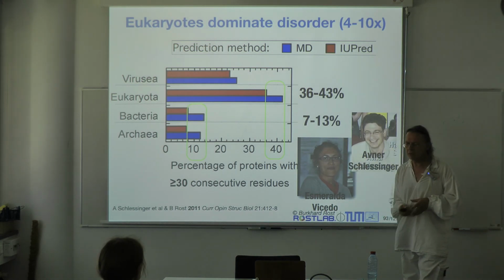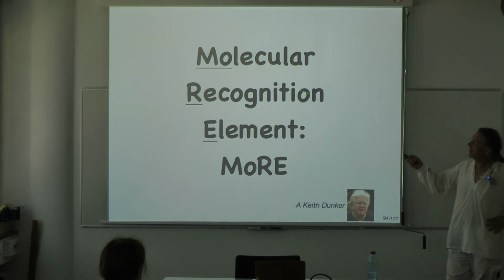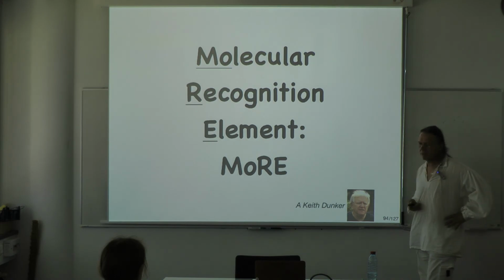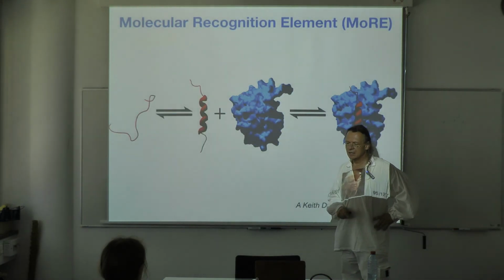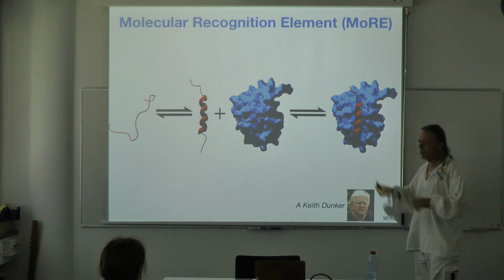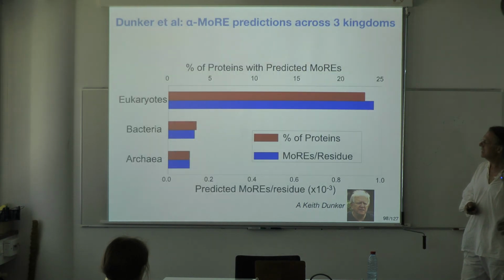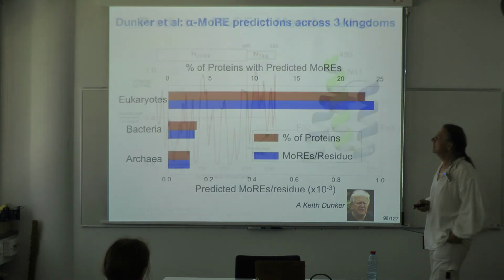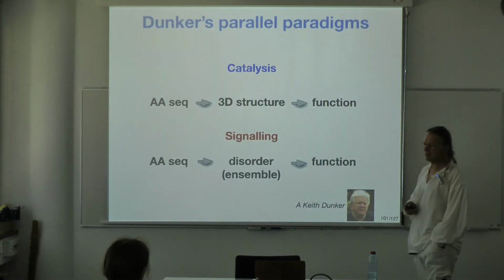One example is what we already talked about, and in some sense is exactly the answer to your question, Ron, the molecular recognition element, MoRE, introduced by Keith Dunker, where you have a region here that can glue together two different regions in different ways. And Keith has assembled a lot of data on how important this mechanism is.